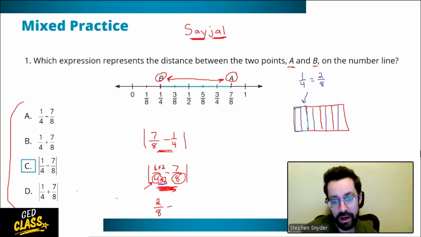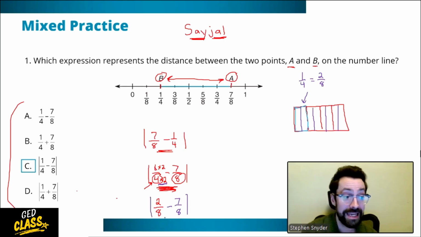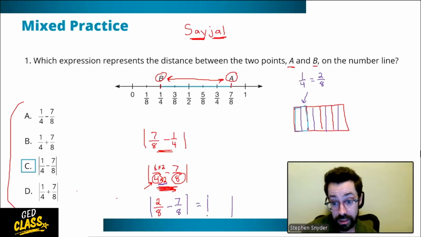Okay, so now if I take 2/8 minus 7/8, well, this is going to throw me into the negative, right? Because 7/8 is bigger than 2/8. So y'all, if we actually do that subtraction of 2/8 minus 7/8, what is that going to be?